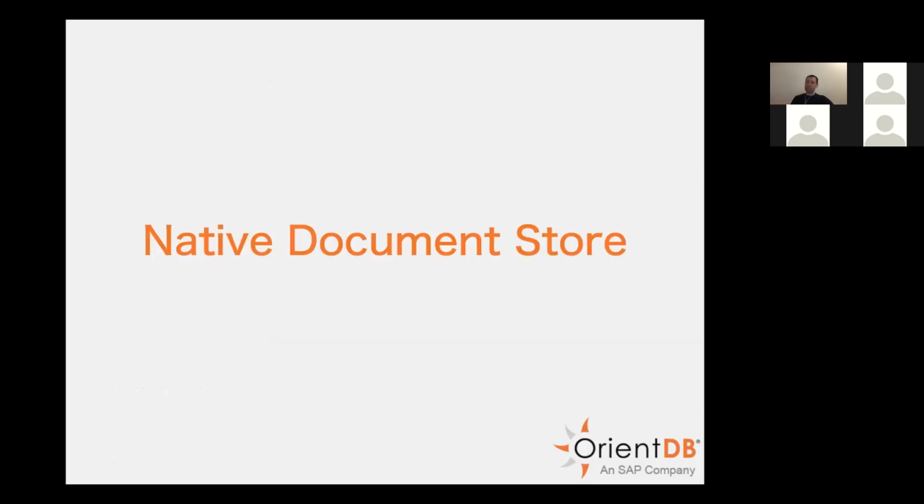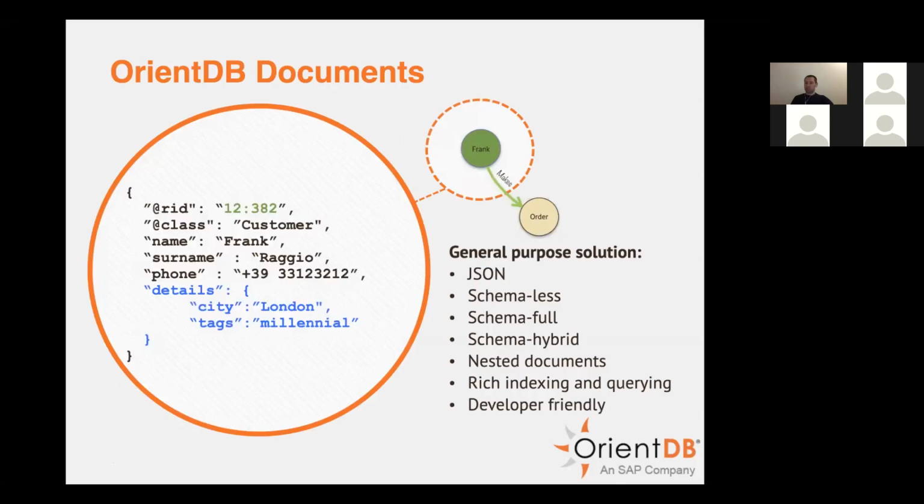I said OrientDB is a native document store. A document in OrientDB is an unstructured record that is like a JSON or like a map. An attribute in a document is just a pair of a name, that is a string, and a value. The value can be a simple type, like a relational type, so a string, a number, or a Boolean value, but it can also be a more complex element, like a collection.